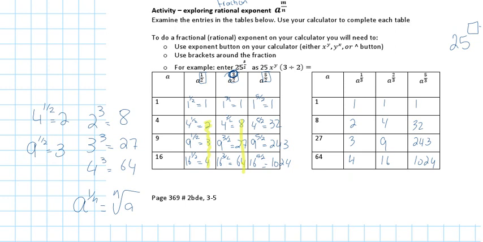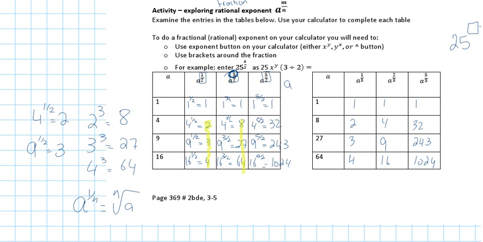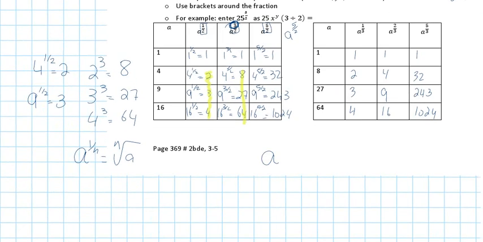Let's see if that's the same case with respect to the last column. Okay, eyes on the board for a minute. So this column here says a to the power of 5 over 2, right? So basically, if I'm looking at this, I have a half times 5, that's the same thing as 5 over 2, right?